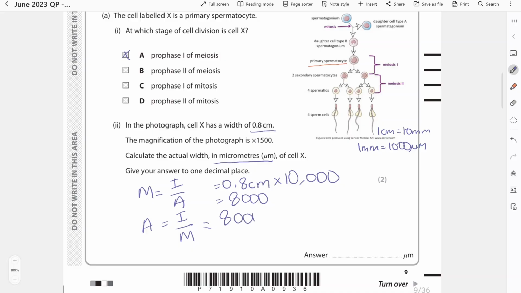So 8,000 divided by 1,500 gives us 5.33, but it says give your answer to one decimal place, so it'll be 5.3.